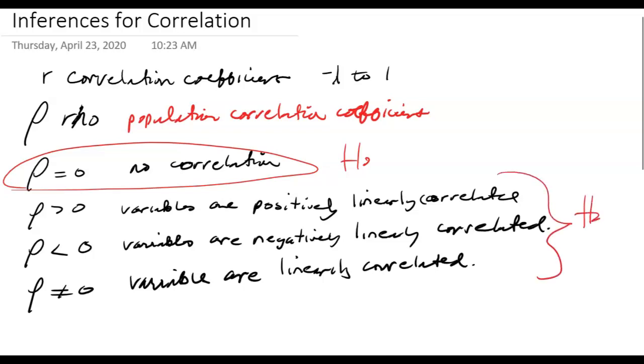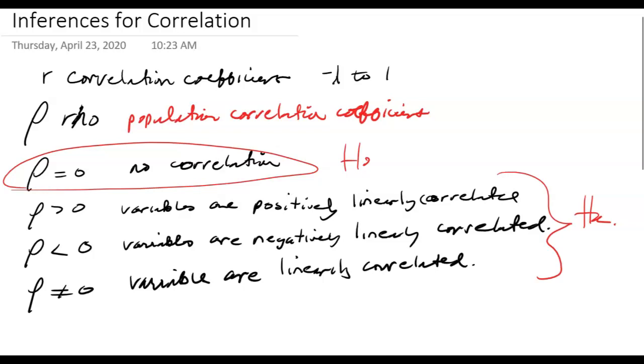Your H sub A will be one of these, and it will depend on what's written in the script. Kind of like when we did hypothesis tests for means. If it said less than, it was a left tail test. If it said greater than, more than, we did a right tail test. If it simply said they're not equal, we did a two tail test.